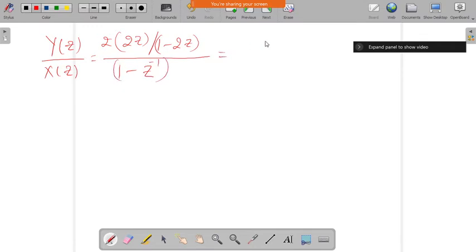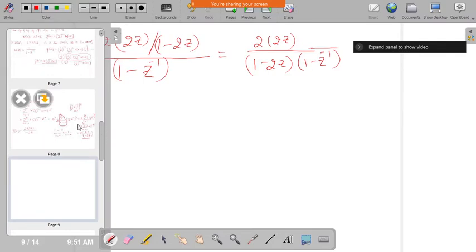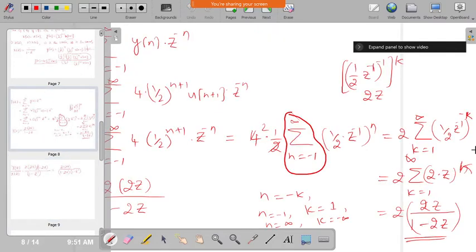So now this will give 2 into 2z divided by 1 minus 2z into 1 minus z inverse. Okay, is it fine? So whatever we got.